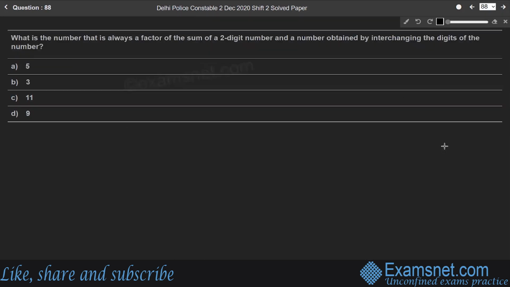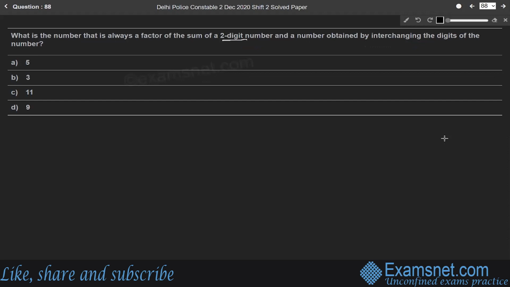Question 88. What is the number that is always a factor of the sum of a two-digit number and the number obtained by interchanging the digits of the number? So let us assume the two-digit number is 10A plus B, where B is in the units place and A is in the tens place.